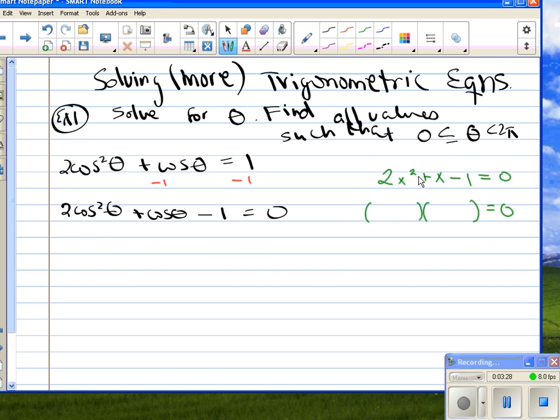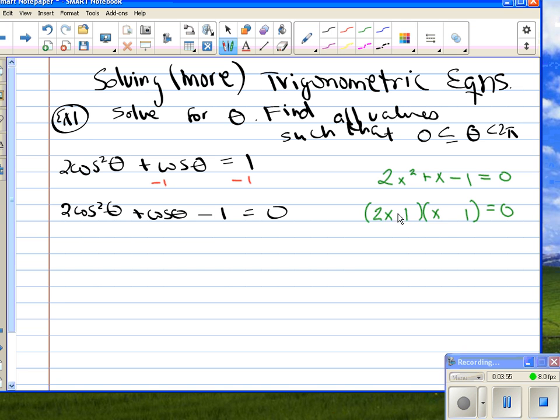This one is not too hard to guess and check because there's only one way you can get 1, right? So you know these back numbers have to be 1 and 1. Somebody has to be a 2 because the only way you can get 2 is 2 and 1. It's x and x to get x squared, and the only question is, which one's plus and which one's minus?